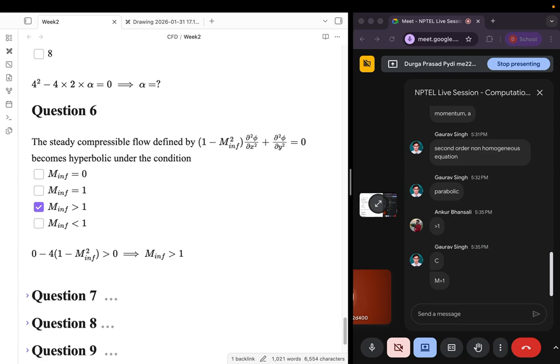So the same equation, depending on the Mach number, either becomes a hyperbolic equation, or what happens if M is less than 1? If M is less than 1, then this becomes negative and it becomes an elliptic equation. So depending on the value of the Mach number, it can become either hyperbolic or elliptic. There will be phenomena like this where the governing equation changes, which means the type of solver you have to use should also change accordingly.